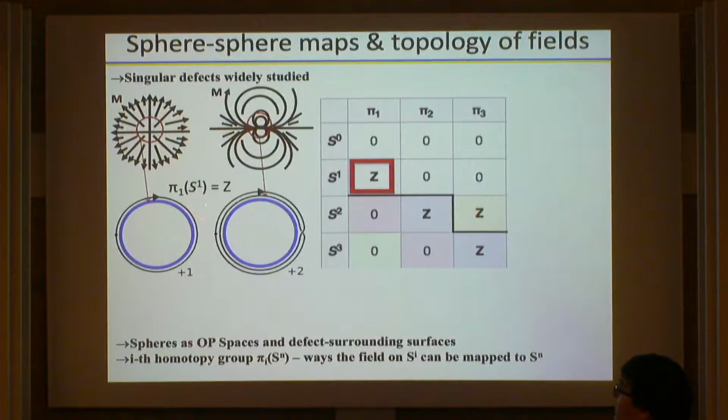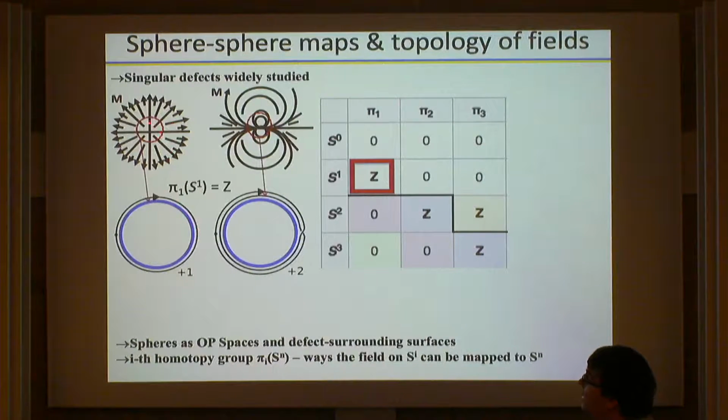And when we do this mapping by surrounding the defect by another circle, we will see that depending on the structure we have, those two topologically distinct structures will have different integers.